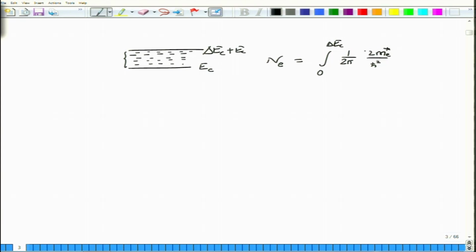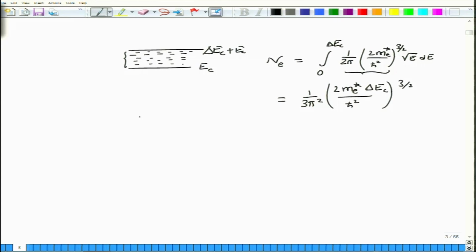You have (2m star by h bar square) to the power 3 by 2, square root of E dE. All of this is constant, and I will give you the values later on, but integrating square root of E dE will give you E to the power 3 by 2 divided by something. So effectively what you get here is 1 by 3 pi square (2 m e star delta EC by h bar square) to the power 3 by 2, where delta EC is the range over which we are filling up the carriers.